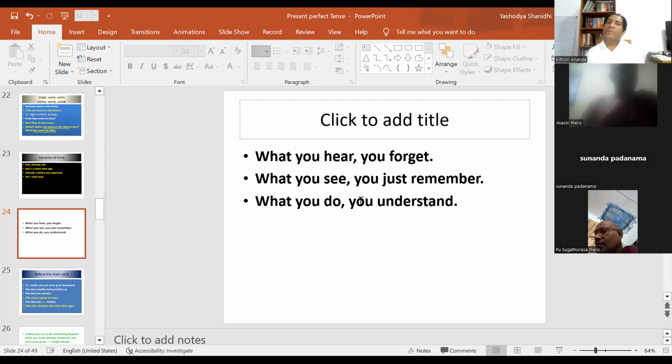You learn a lot. You practically understand, rather than listening to an architect describing to you the process of building a house. So you have to understand. That's why we invite you to join workshops.